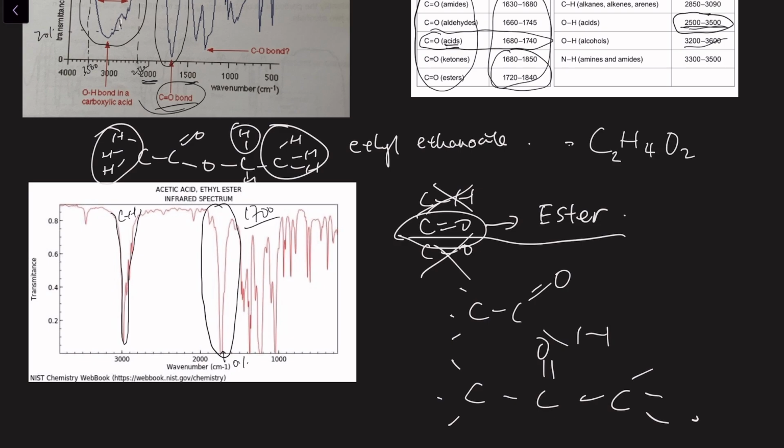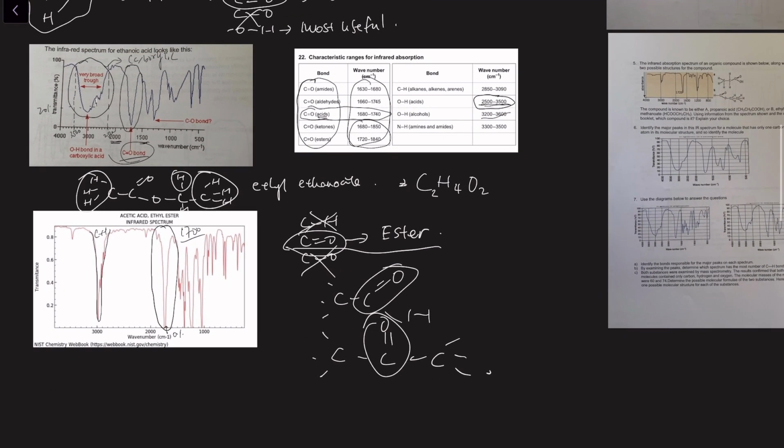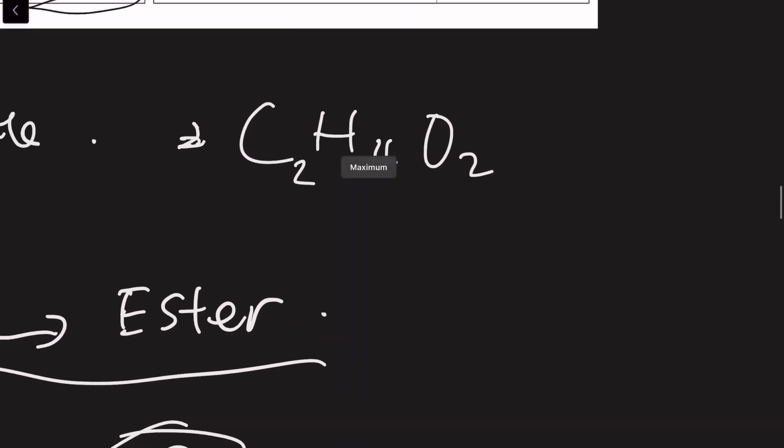So if they say the molecular formula for this is C2H4O2, then you can conclude this is ester, because for aldehyde and ketone, you don't have two oxygens. So if they have provided you with molecular formula or something equivalent, as we will see in one of the later questions, like the molecular masses of the molecule being 60 and 74, in many cases the only possible combination is a multiple of C2H4O2.